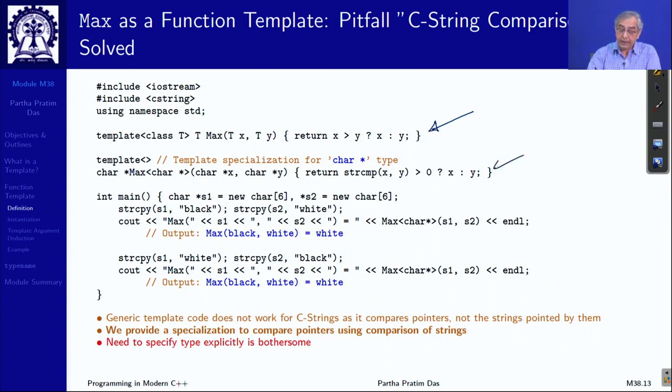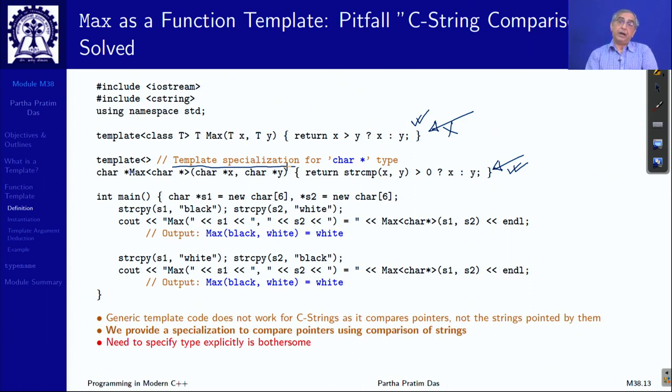And I have explicitly given an overload for it. So, if it is used with char star, this template will not be used, because I have given a particular specialization. So, this feature is known as template specialization.